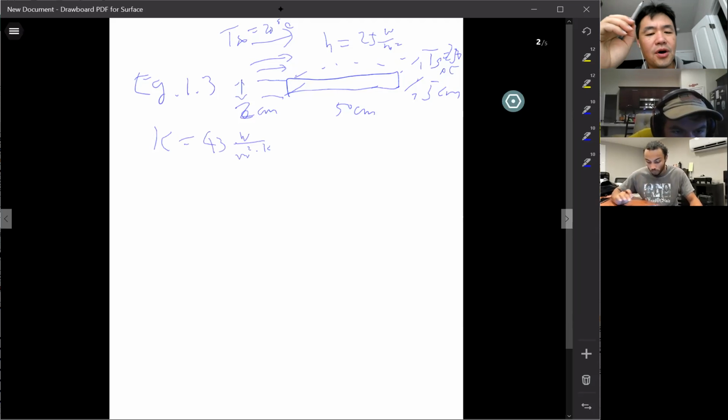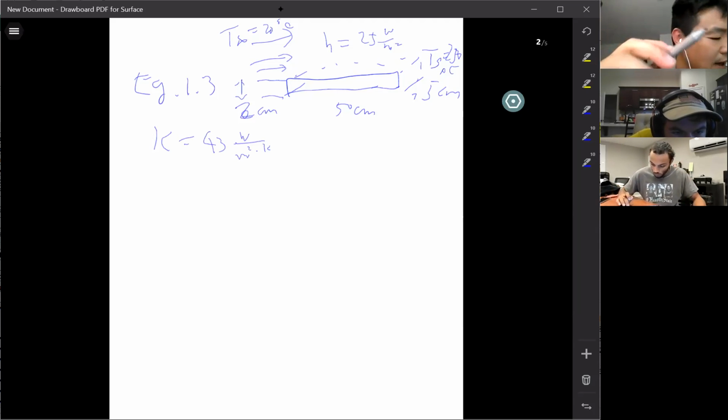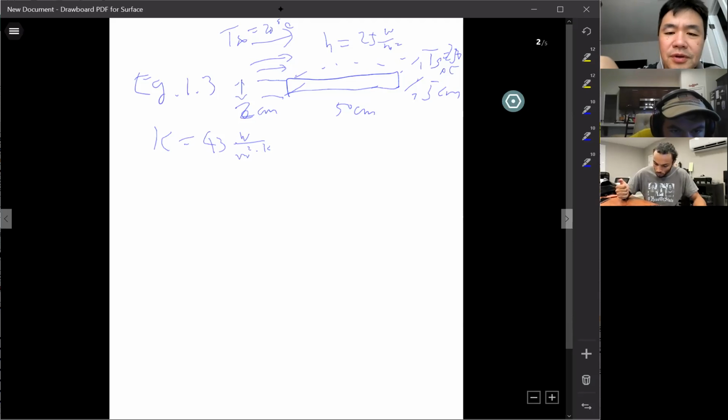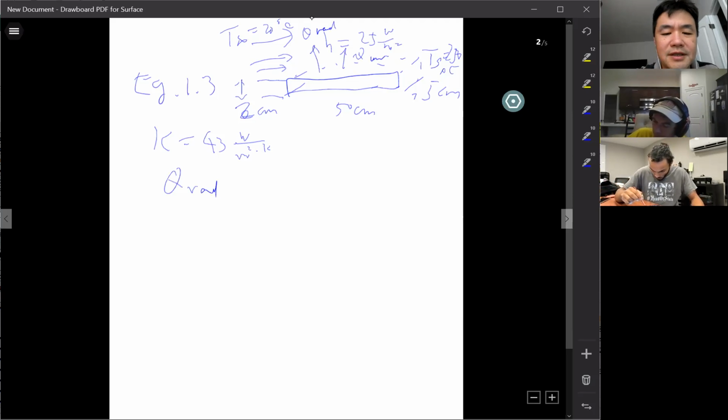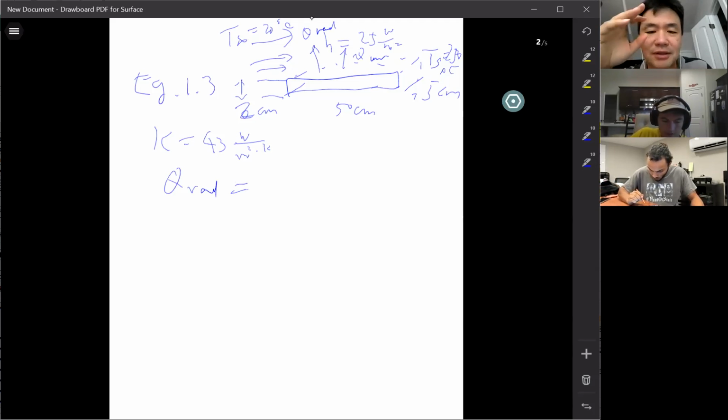Now it says there's also radiation, not only convection: Q convection and also Q radiation. The radiation heat transfer rate from the surface, well, it's a hot surface and the ambient temperature is lower, so you have radiation going out of the surface.